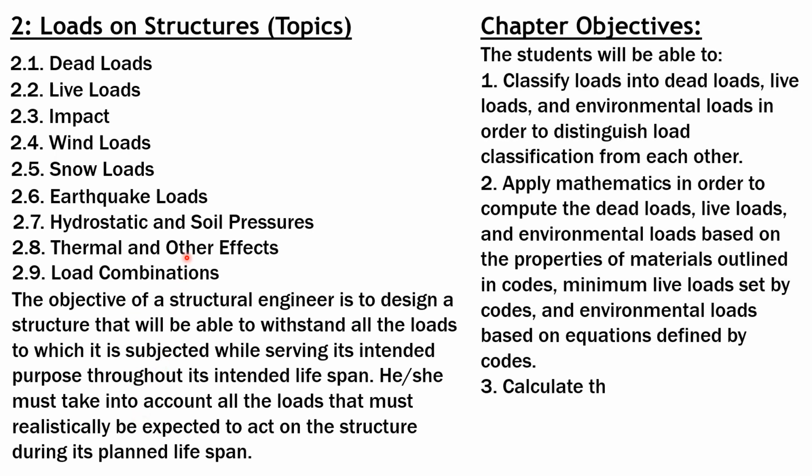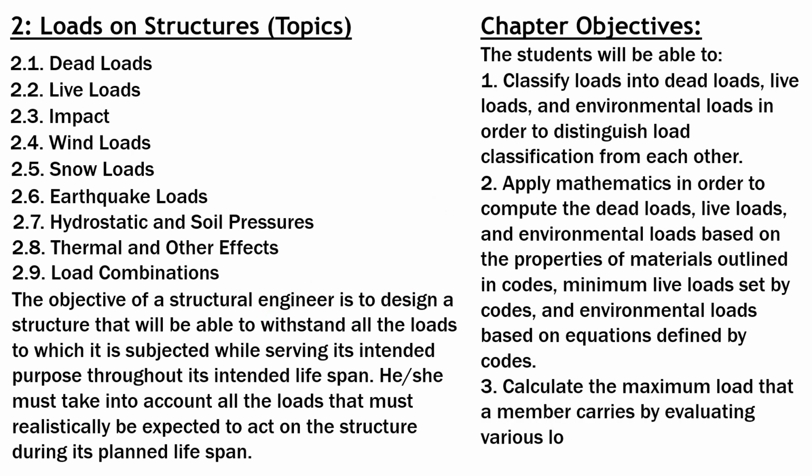And we have chapter objectives again, so you just go over with that. So dead loads, as mentioned, are loads that are permanently attached to the structure, fixed in position, such as the weight of the structural member itself.